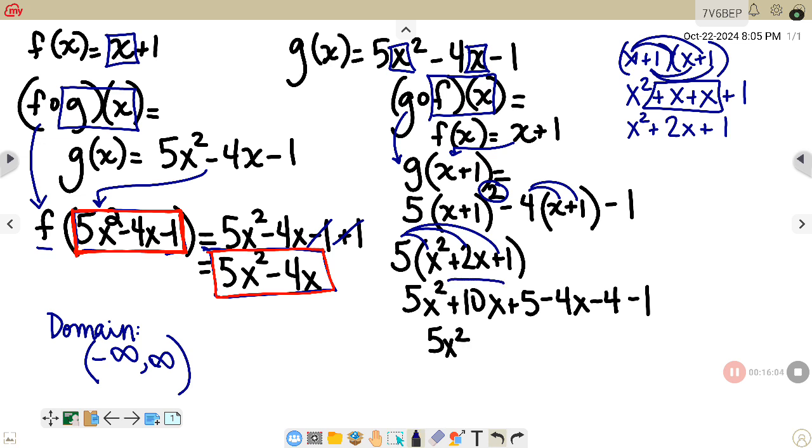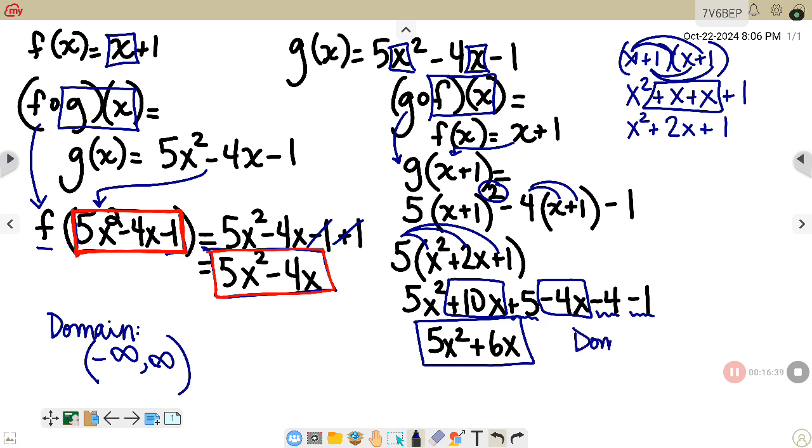But I can combine this 10x and that minus 4x, which gives me positive 6x. And when I combine the constants, the 5, the minus 4, and the minus 1, I'm not left with anything because 5 minus 4 minus 1 is 0. So this is g of f of x. Now finding its domain.